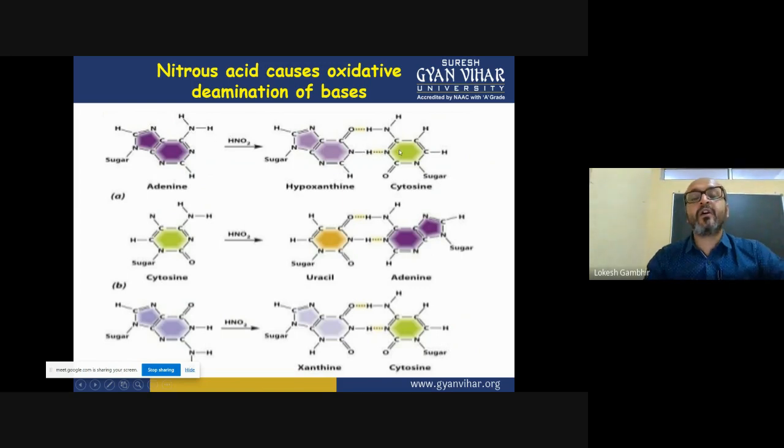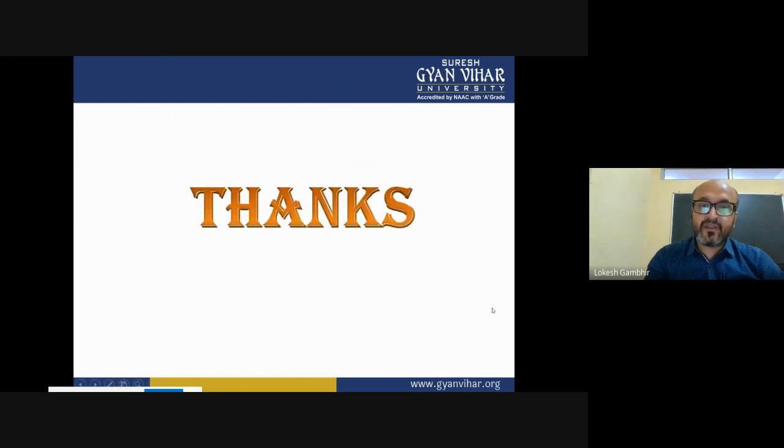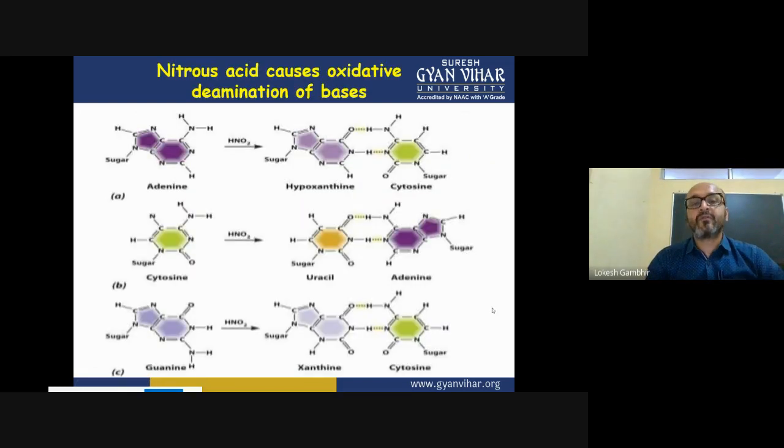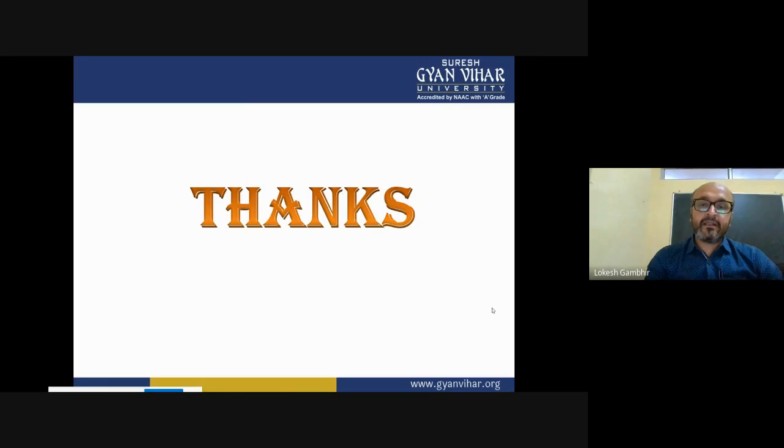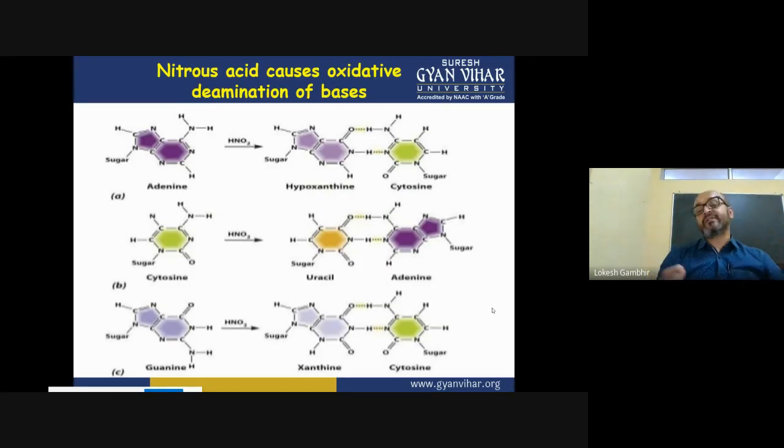Instead of T, it will now pair with C. Then it can also cause deamination of cytosine to form uracil that can pair with A. It can cause oxidation of the purine residue, that is guanine, to give rise to xanthine. So from adenine it is hypoxanthine, from guanine it is xanthine. So always remember the modification part, what they are applying here. So that is what we wanted to discuss here.